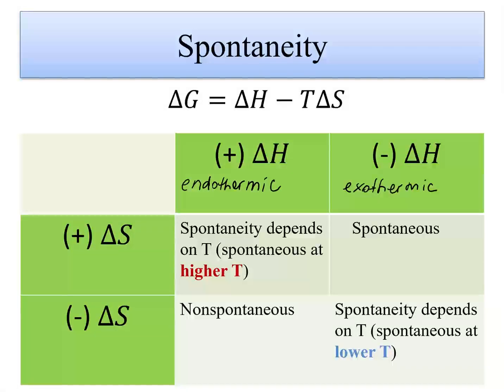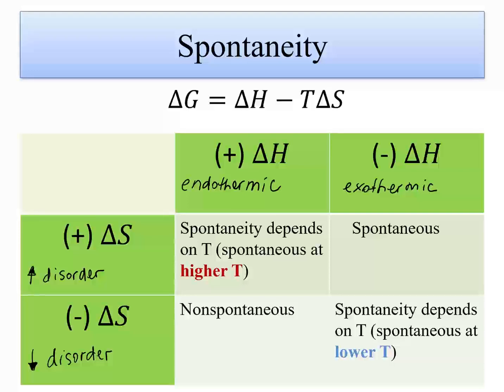Now let's move on to the entropy change. Positive delta S means increase in molecular disorder, and this favors spontaneity, more movement, more spontaneous process. And negative delta S means decrease in molecular disorder, which is not favorable for spontaneity.